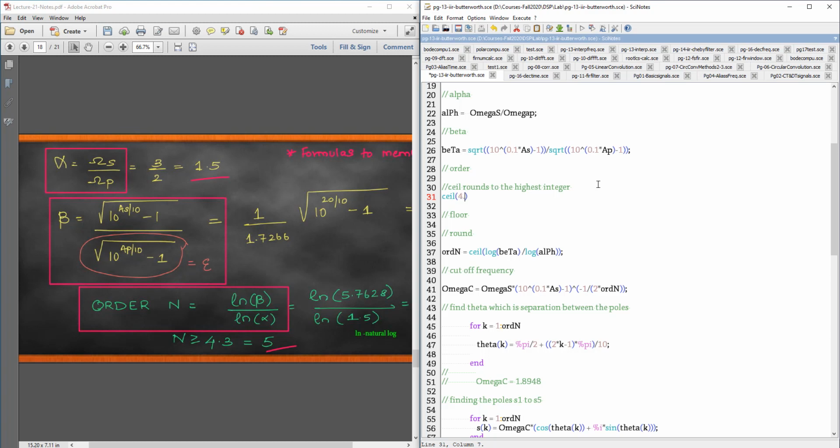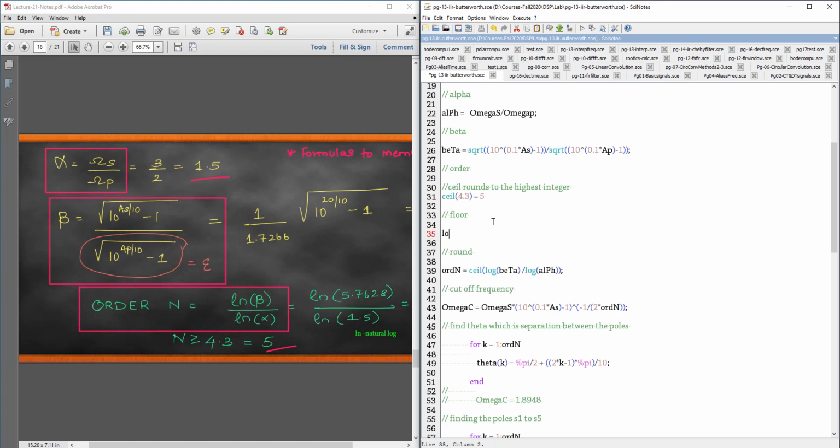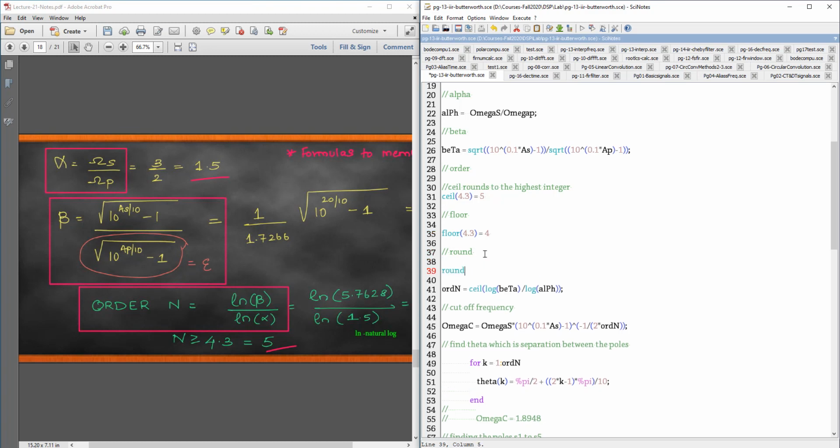So I'll give that example also: floor, ceil, and round. These are the 3 functions we use on a need basis. You can try the others in your Scilab. Ceil of 4.3 is 5, whereas floor of 4.3 is equal to 4, and round of 4.3 is also 4.